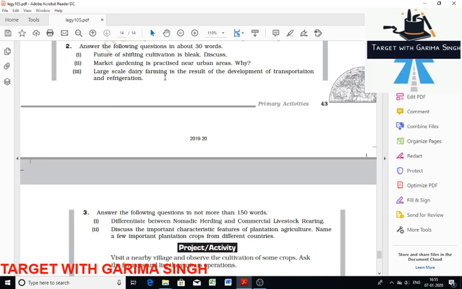Next is, large scale dairy farming is the result of development of transportation and refrigeration. Dairy products are highly perishable in nature. They have a very small shelf life. For their supply to overseas and distant markets, adequate storage facility with regulated temperature and storage condition is essential.